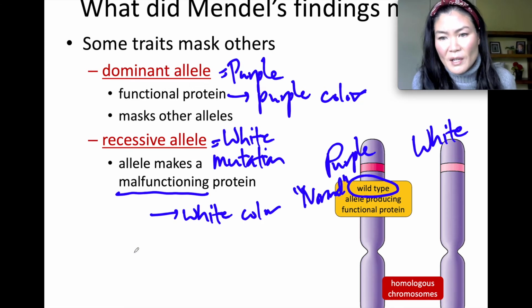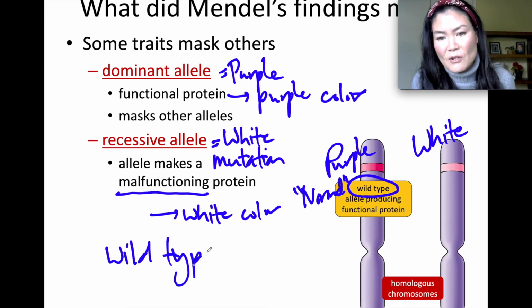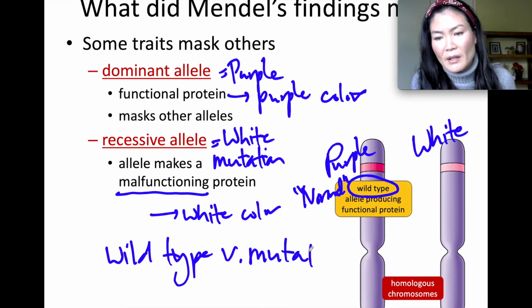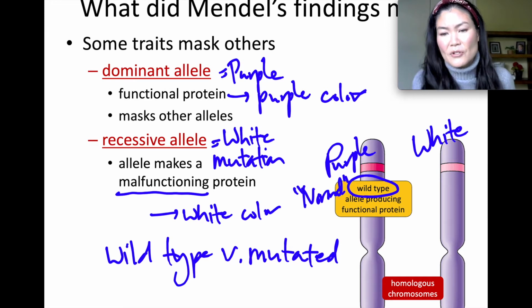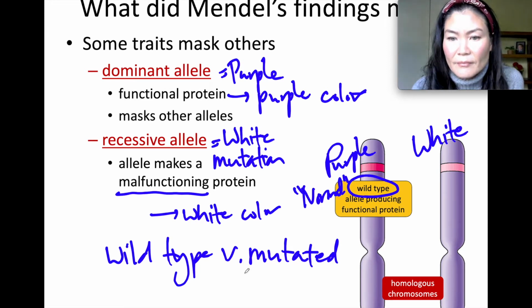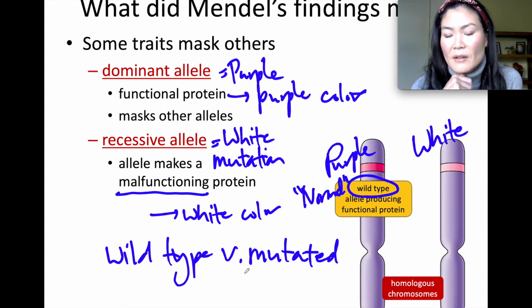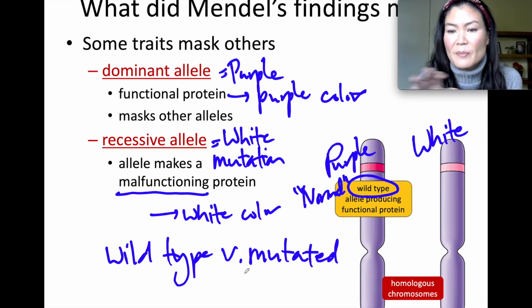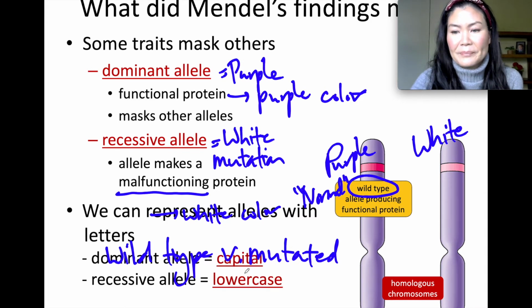We're going to be talking about wild type again in the next chapter, but I just want you to know that wild type usually refers to the normal, dominant versus the mutated version. So in the case of the pea plants, the wild type is the purple color, and the mutated color is the white flower.